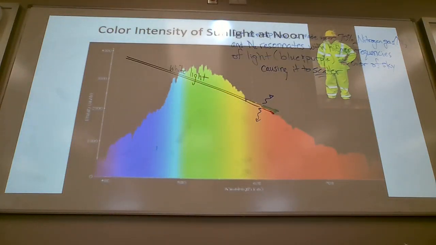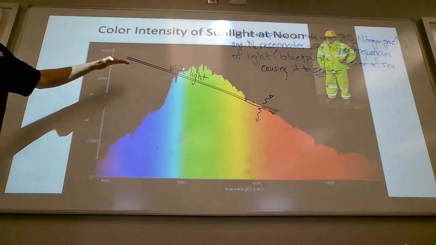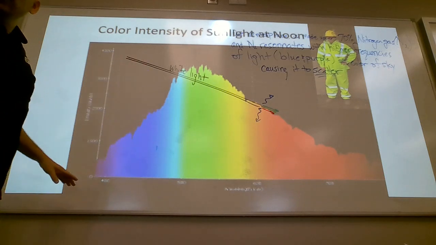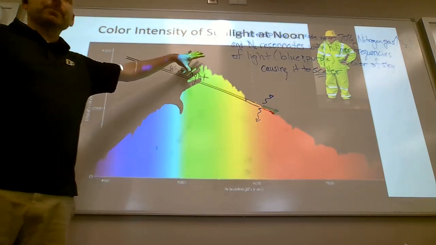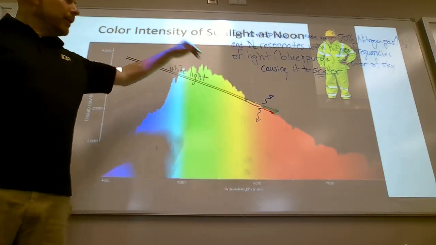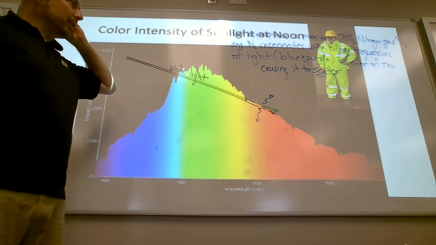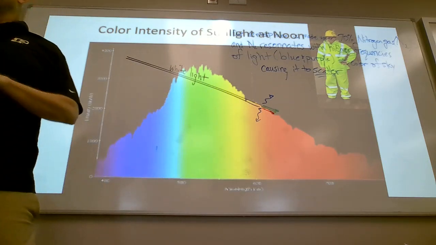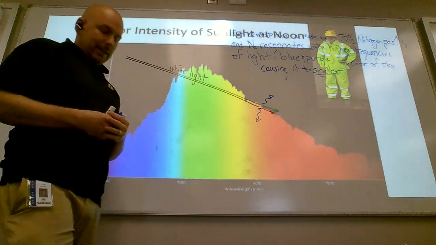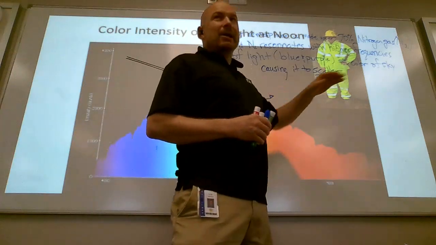So if we were to graph the intensity of sunlight with respect to frequency, the different colors, what we find is the predominant color coming through our atmosphere is like a green-yellow. So this is this day glow color.